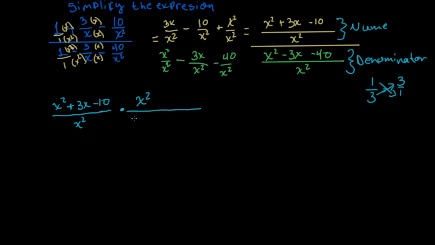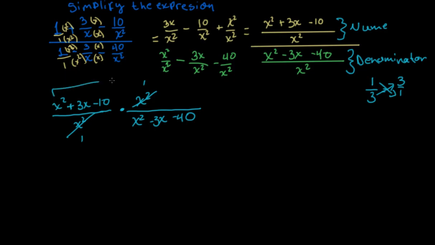I already discussed that. So we're going to have x squared minus 3x plus 40, just copying the numbers here, the variables and the numbers. As you can see, we can cancel these two guys here, and this is going to be 1 and this is going to be 1.